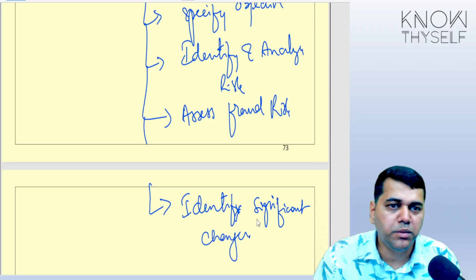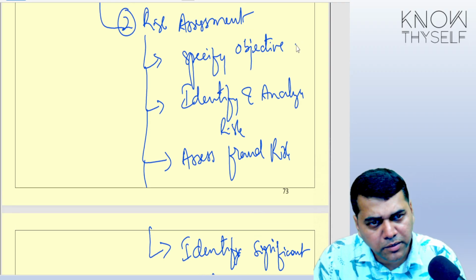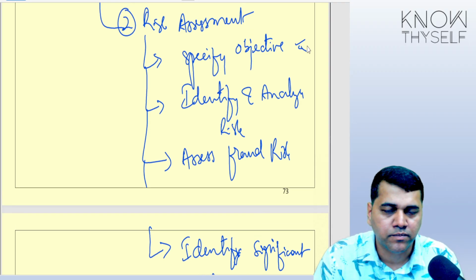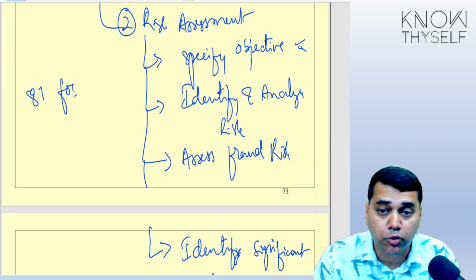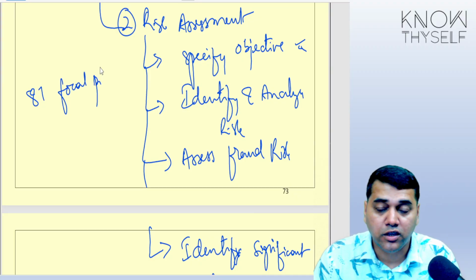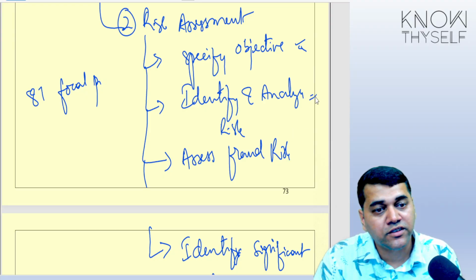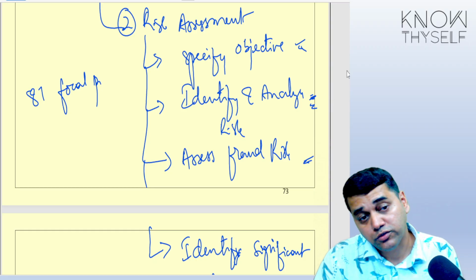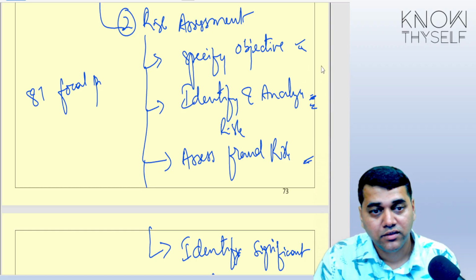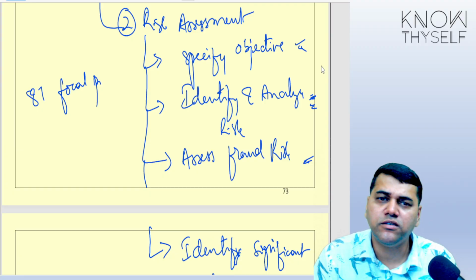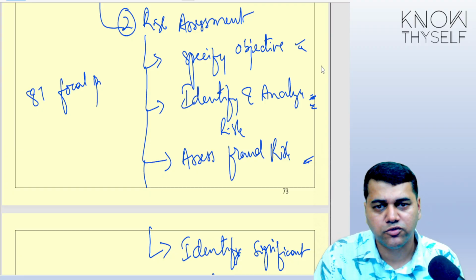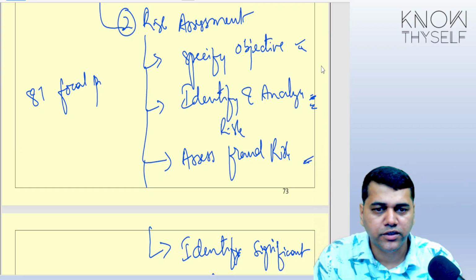Now, what do you mean by specify objective? There are sub points which are not part of your syllabus. I told you there are 81 focal points. Each of these 81 points have been distributed. Identify and analyze the risk, there are sub points, and those sub points have got sub points. So it's a fantastic written document, students. So many things are there, not part of our syllabus.